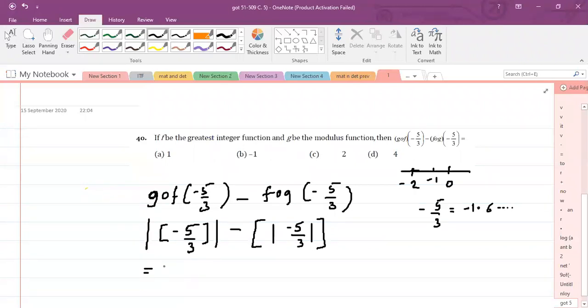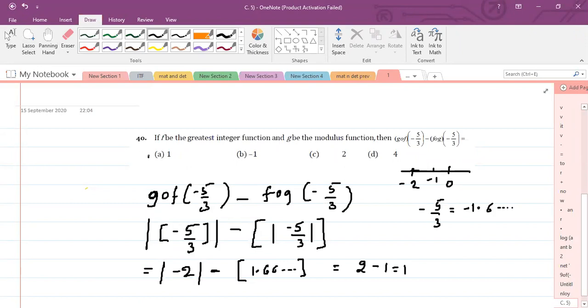It is minus 2, and the modulus of that is 2. Now the modulus of minus 5 by 3 is plus 5 by 3, which is 1.6 something, and the greatest integer of that is 1. So 2 minus 1 is equal to 1. The answer is 1. Option A it is.